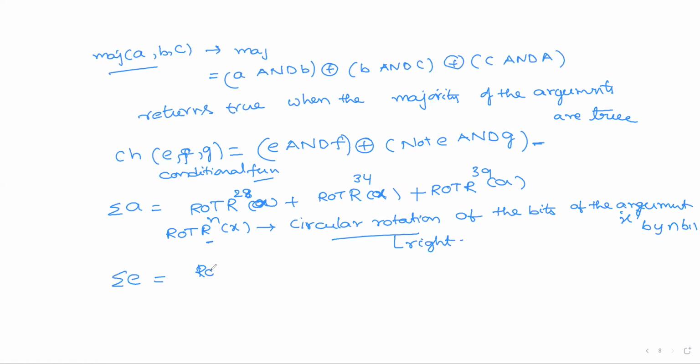That is nothing but it is given by circular rotate right of the operand E by 14 bits, plus circular rotation right by 18 bits of the operand E, plus circular rotation towards right of the operand E by 41 bits.